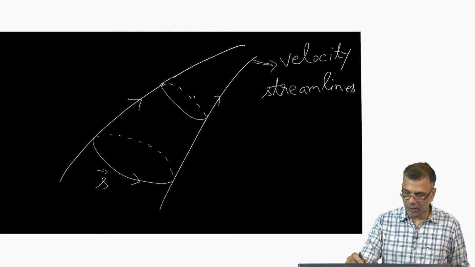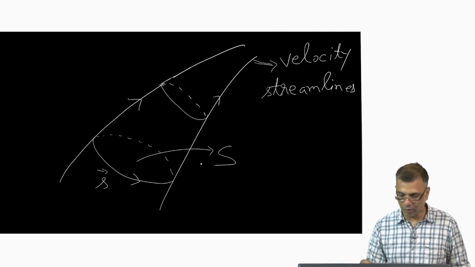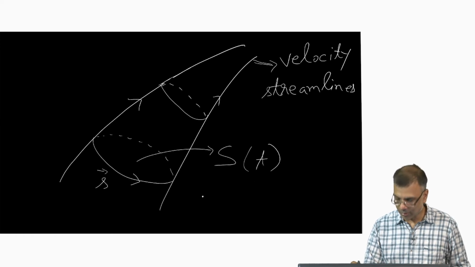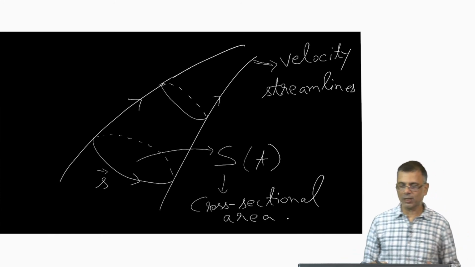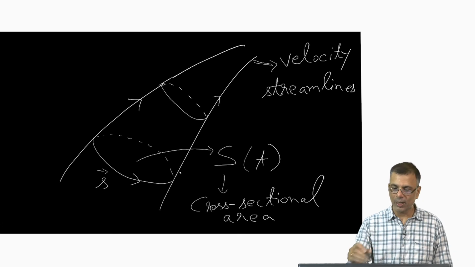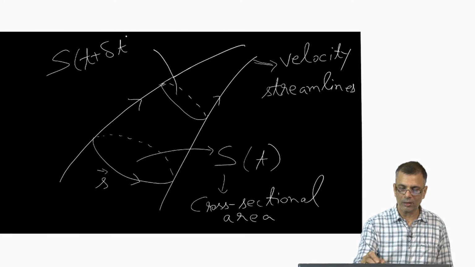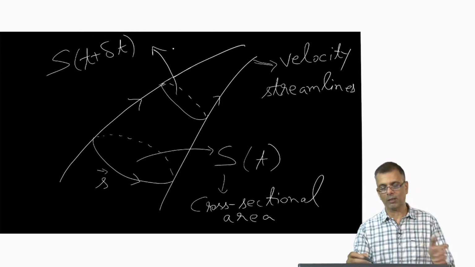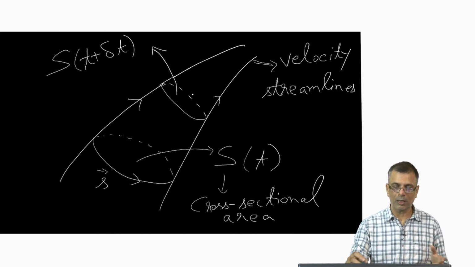And so this would be a cross sectional area, S of t, capital S. So the cross sectional area at time t is some S of t, and this little small s is the length element along this perimeter, and this is the cross sectional area at some time t plus delta t, S of t plus delta t. So this is how the area element looks at time t, and this is how the area element looks at time t plus delta t.